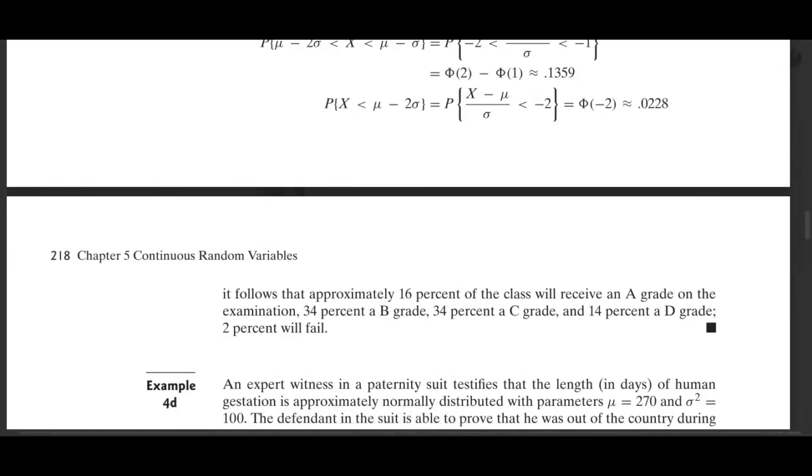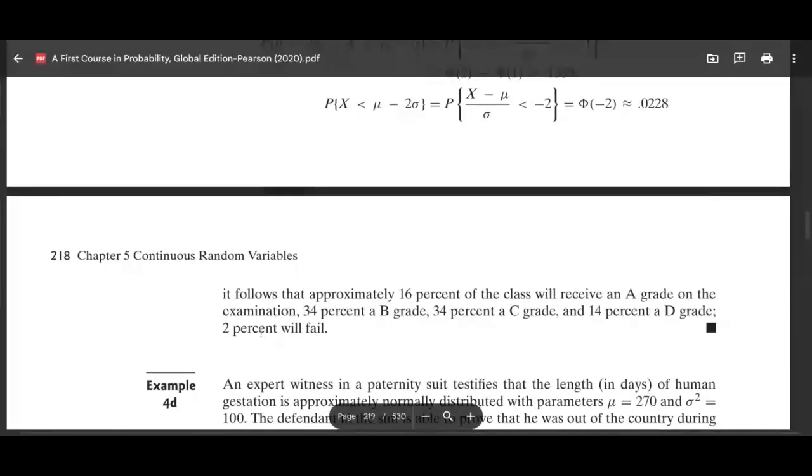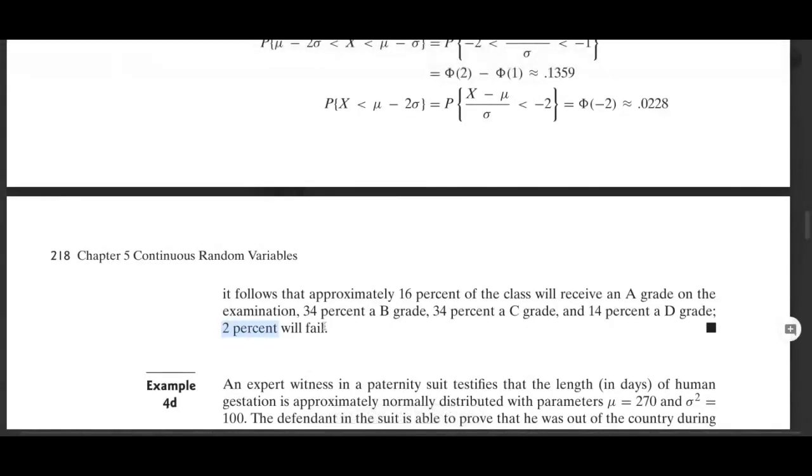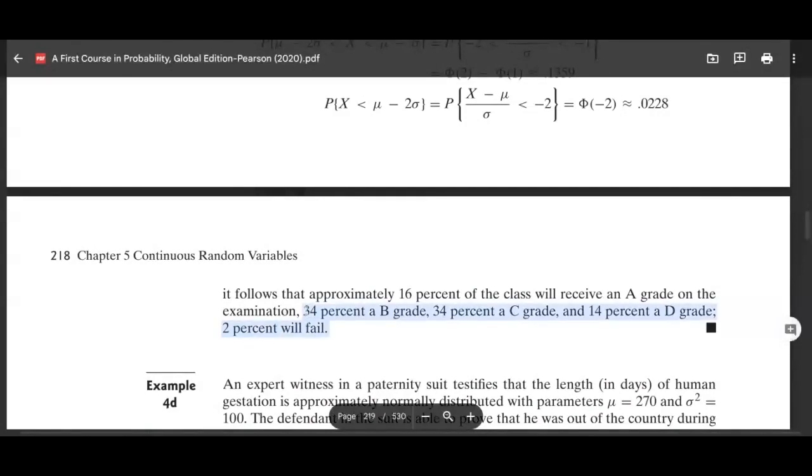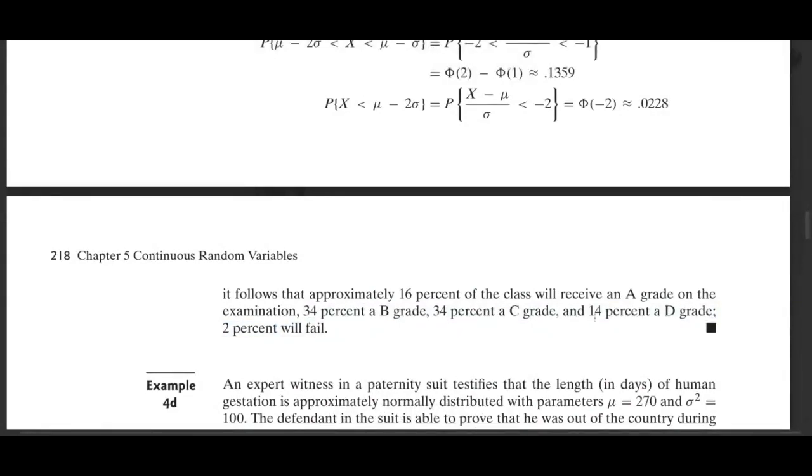And within two standard deviations on each side is about 13.5%. The tail of it, I think, is 2.25%. So that's why you see here 2.25, about 2%, about 34%, about 34%, about 14%, all right?